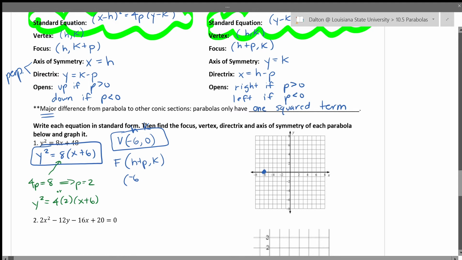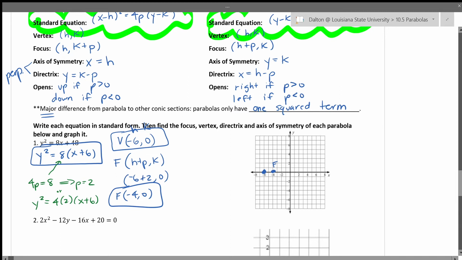P's got to be 2. So -6 plus 2, comma, I know k is 0. Means that the focus point, -6 plus 2 is -4, 0. So let's graph that. And I recommend you labeling, you don't necessarily have to label the vertex with V, but I definitely would label the focus with F so that you know the difference between the two.